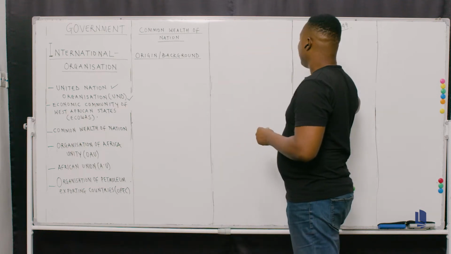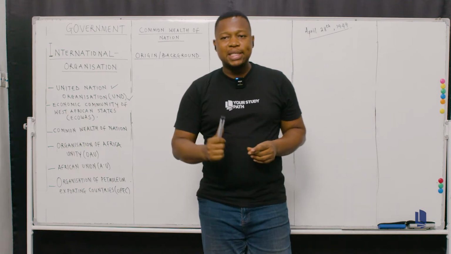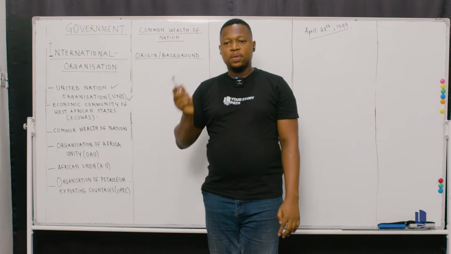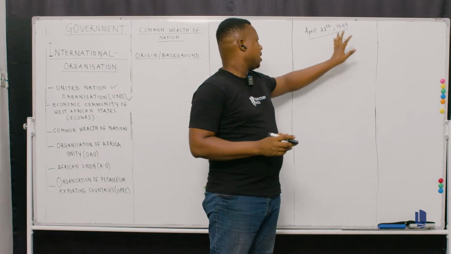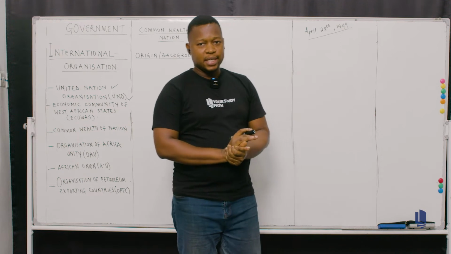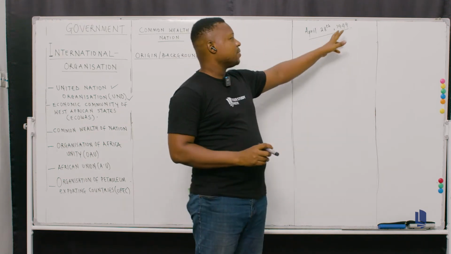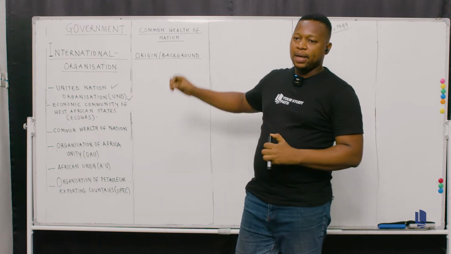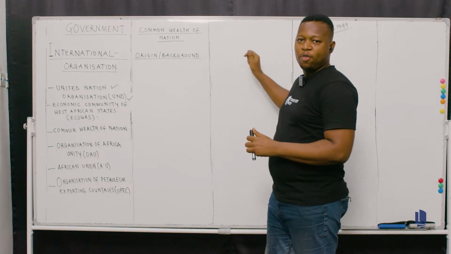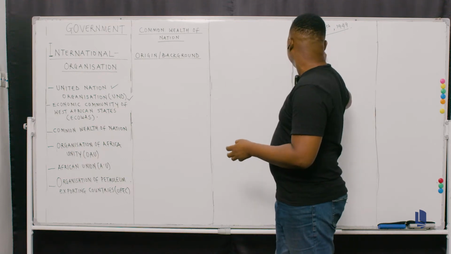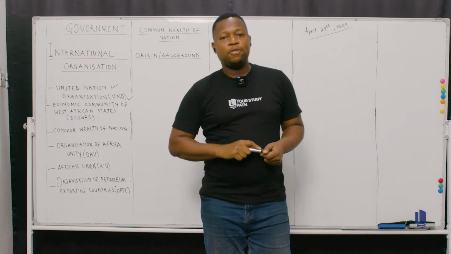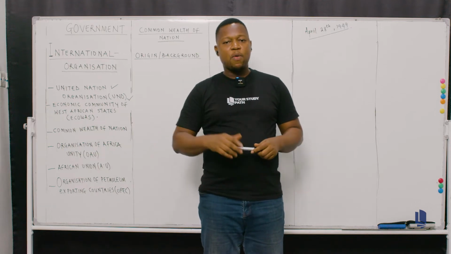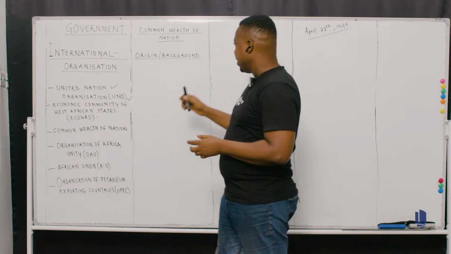But this is the official founding day of the modern Commonwealth of Nations, which I'm teaching at the very moment. So, have that at the back of your mind. April 28, 1949. And why we choose this date is that's the date we start having a head of Commonwealth of Nations. The position was opened April 28, 1949. That is the official date of founding the modern Commonwealth of Nations.